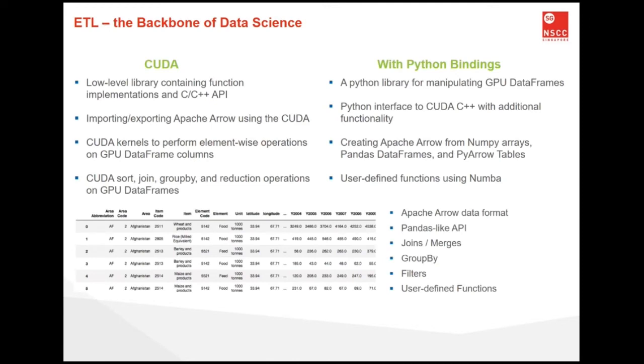At its core, cuDF is really a low-level C++ and CUDA implementation to be able to use the hardware as effectively as possible, along with Python bindings on top of it, to make it look and feel like pandas, which data scientists are used to and comfortable using today.